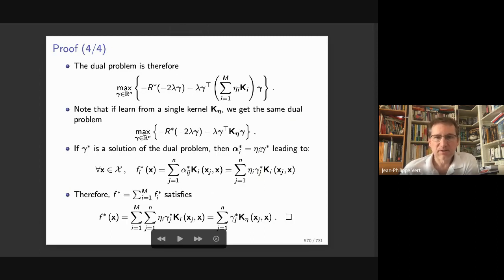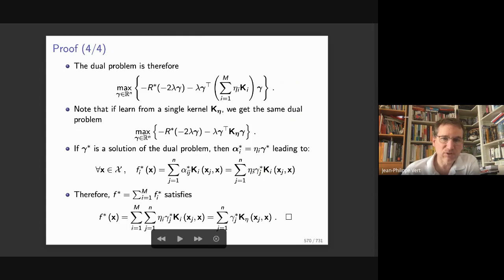Right? This was the conclusion of the minimization in alpha when we derived the dual. So this means that the function fi star, we know by construction, is the sum of alpha star ij times ki of xj x. And if we replace alpha ij star by its formulation eta i times gamma star, we obtain a new formulation where the interesting thing is that potentially you have n different points and m different kernels, so you could have nm different alpha ij. But what this equation says is that you don't have nm degrees of freedom.